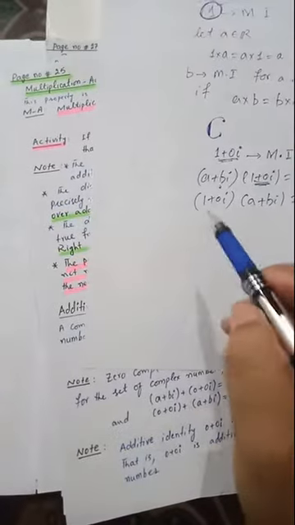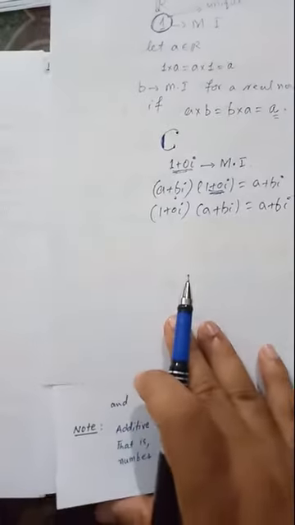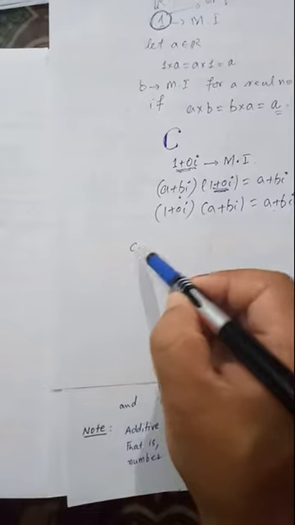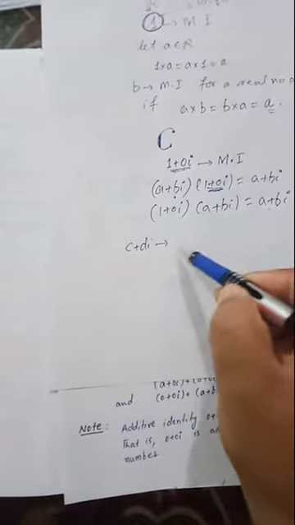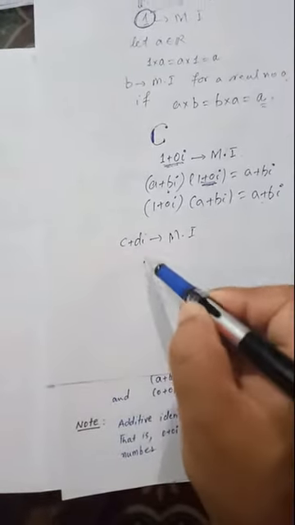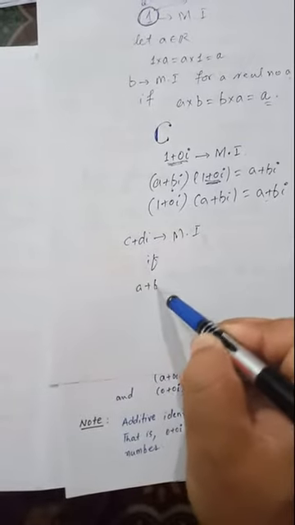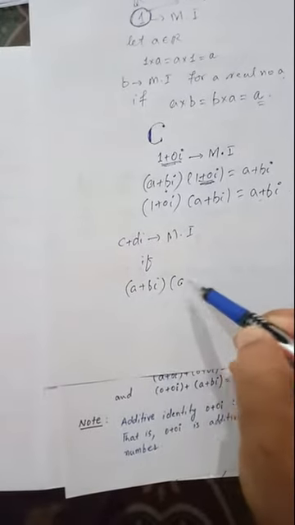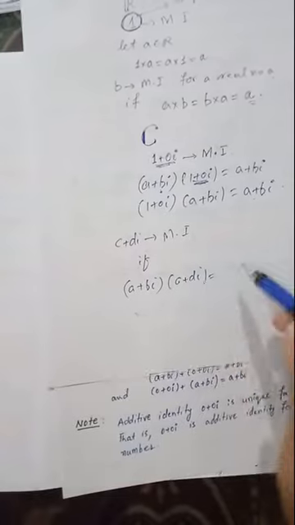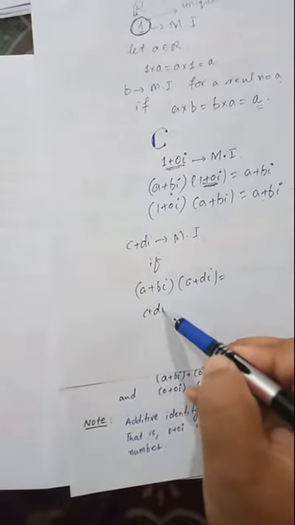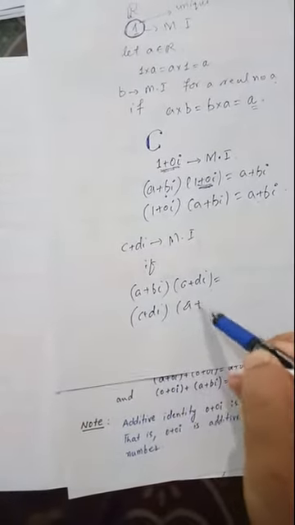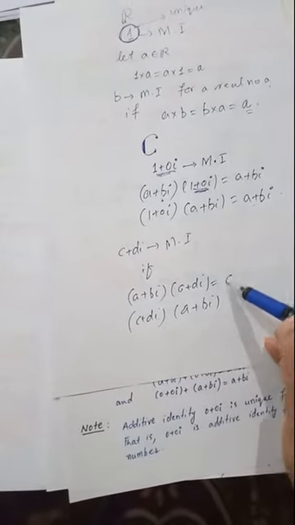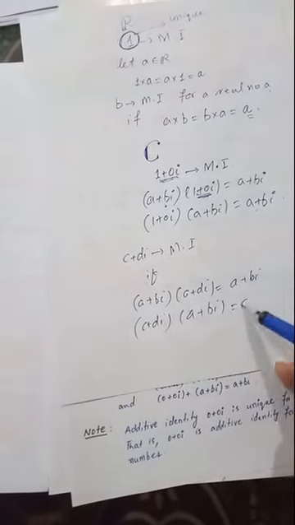In general, the definition of the multiplicative identity is c plus d iota is said to be multiplicative identity if a plus b iota multiplied by c plus d iota or c plus d iota multiplied by a plus b iota is equal to a plus b iota.